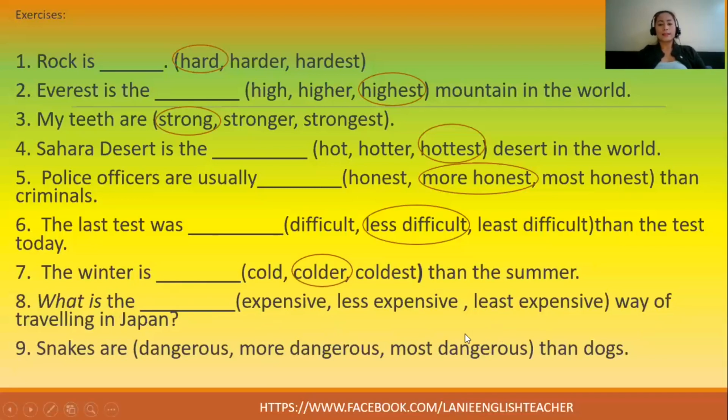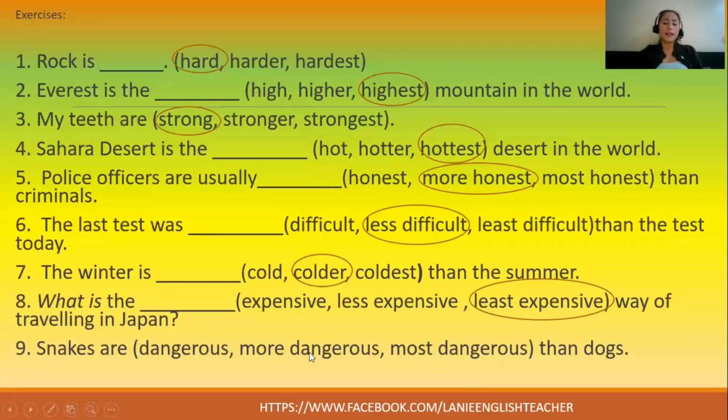Expensive, less expensive, or least expensive? What do you think? Okay, the superlative form here is least expensive. So what is the least expensive way of traveling in Japan?